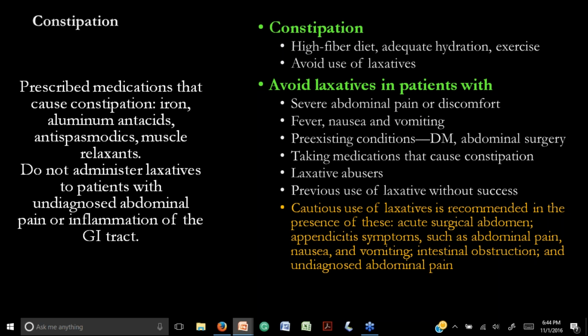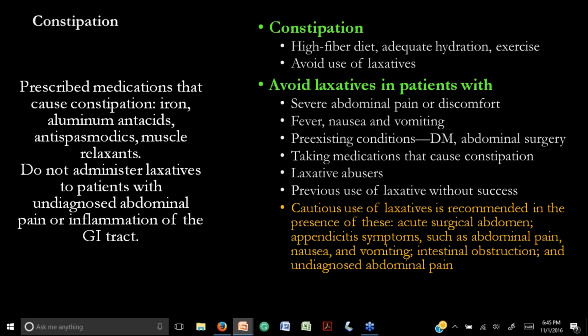Cautious use of laxative is recommended in the presence of an acute surgical abdomen, appendicitis, and abdominal pain. Especially, please, if you have somebody with abdominal pain and fever, the infection is probably coming from the GI tract.